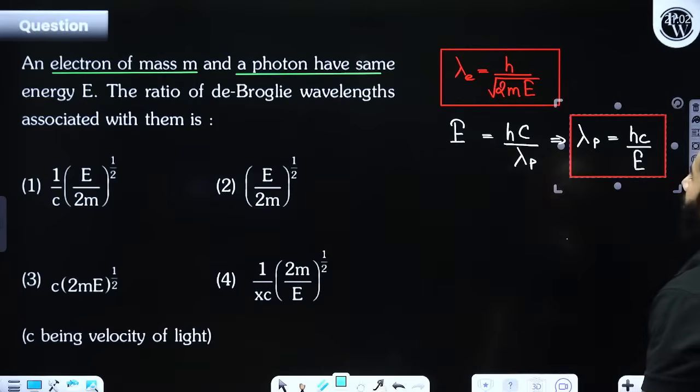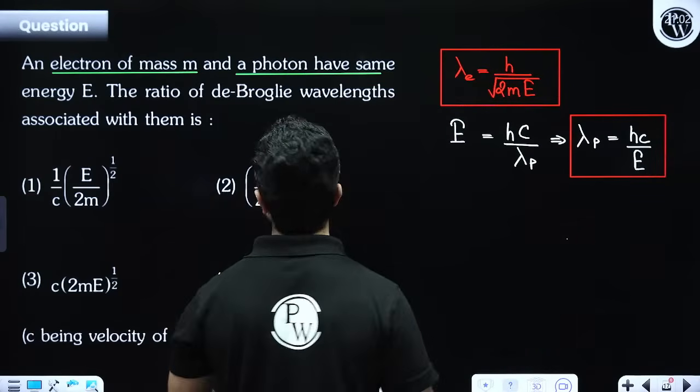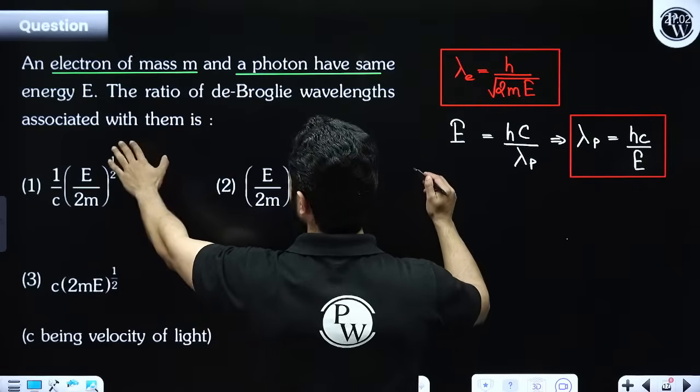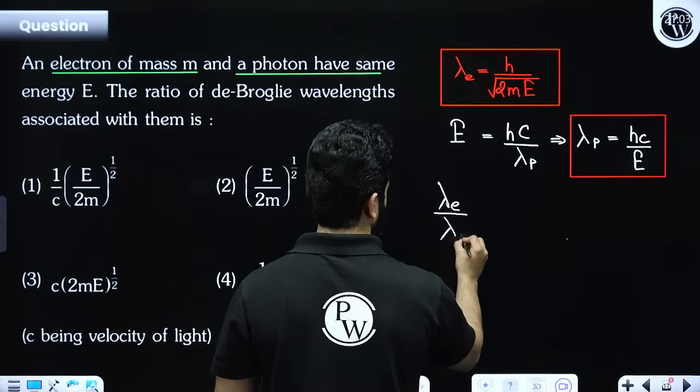So let's equate it. We have to find the ratio of them. First lambda of electron, then lambda of photon.